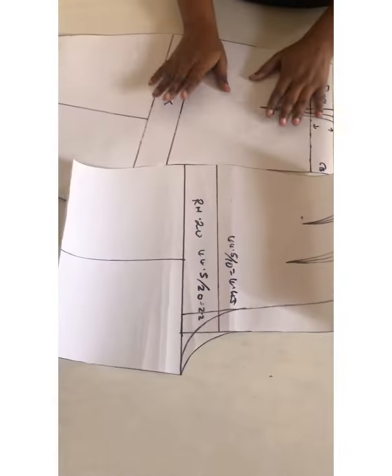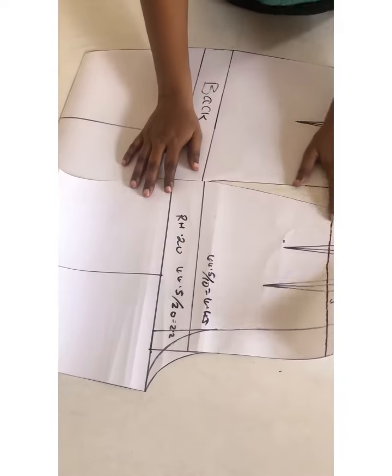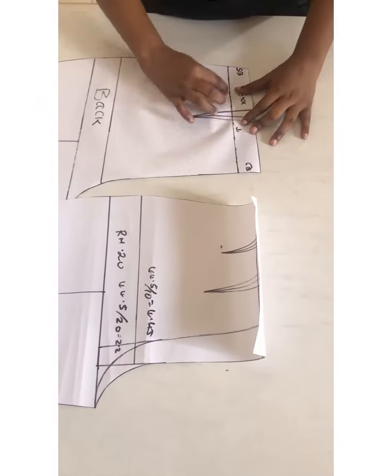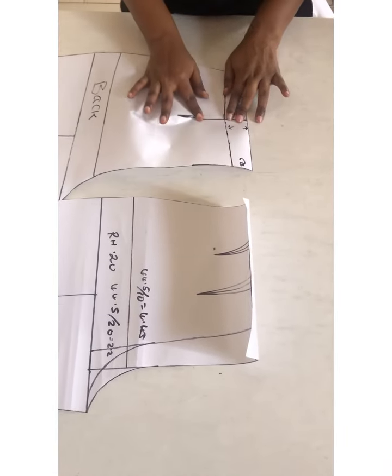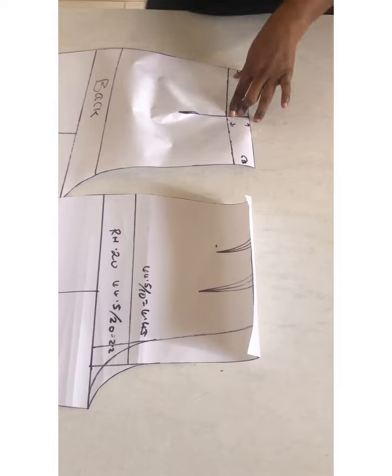So I'm going ahead to cut out our patterns. Now what I'll do is to cut out our band. Before doing that, you close your darts this way, and I'll be cutting it out.